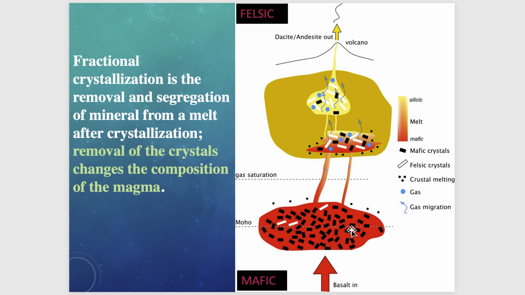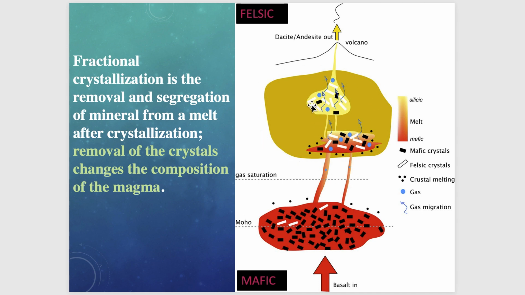We have then a phase in which we reach gas saturation, and we start to liberate gases together with more felsic melts, and this results in more complex phases at a higher level that is more silicic. So this change in color is indicating that here we get more felsic minerals.